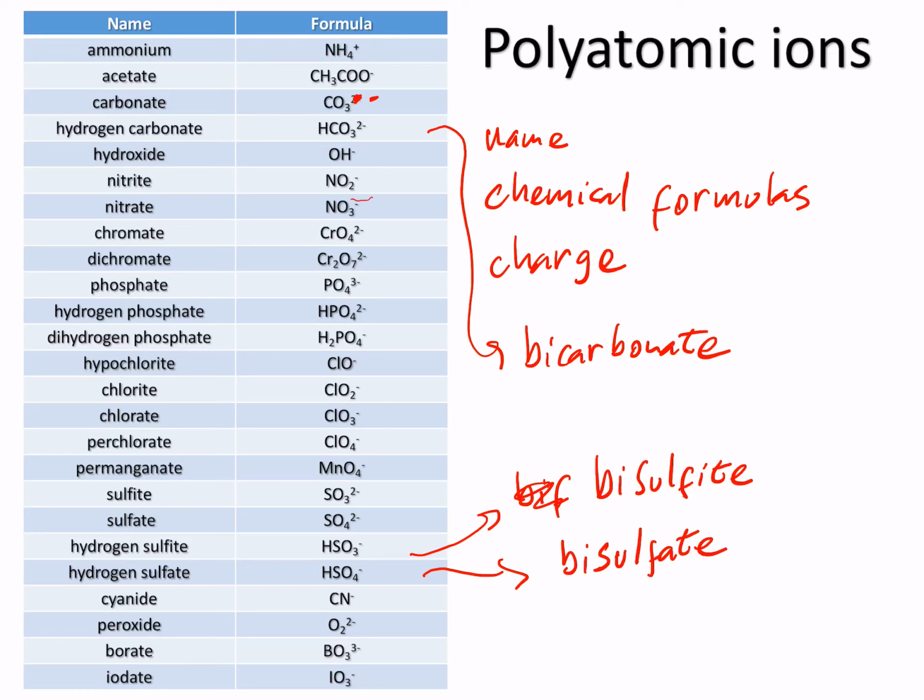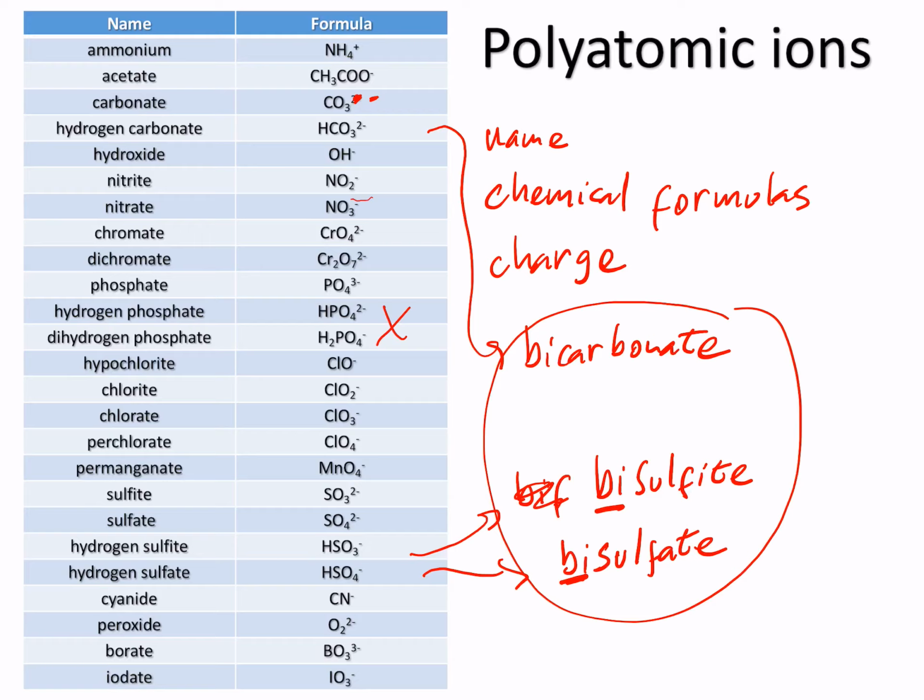Okay, you just replace the hydrogen at the beginning by bi. You do that for these three ions. You don't really do it for hydrogen phosphate or dihydrogen phosphate.